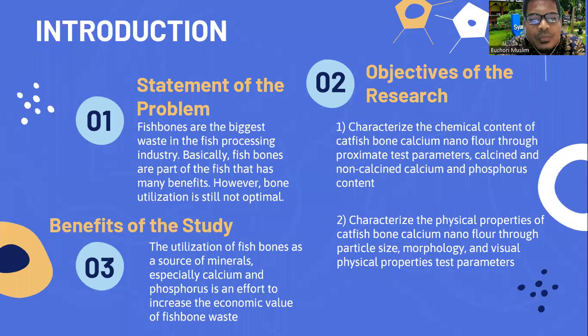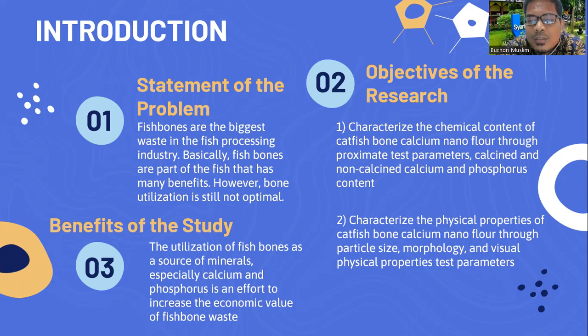Introduction, statement of the problem. Fishbones are the biggest waste in the fish processing industry. Basically, fishbones are part of the fish that has many benefits. However, bone utilization is still not optimal. Objective of the research: the first, characterize the chemical content of catfish bone calcium and fluoride through proximate test parameters, calcined and non-calcined calcium and phosphorus contents.